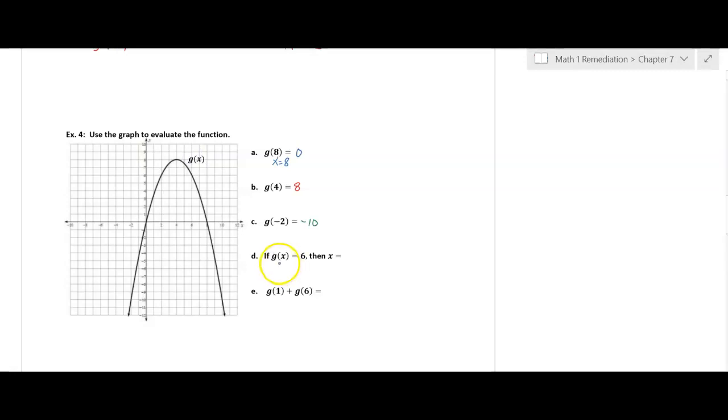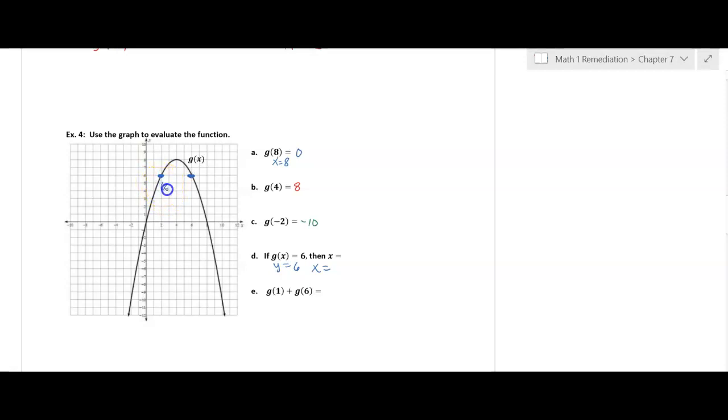Letter D, if g of x is equal to 6, then x is equal to. Now they're telling me if y is equal to 6, then x is equal to what? So if I go to 6 on the y-axis and I go over to the graph, there are 2 points on this graph that have an output of 6.